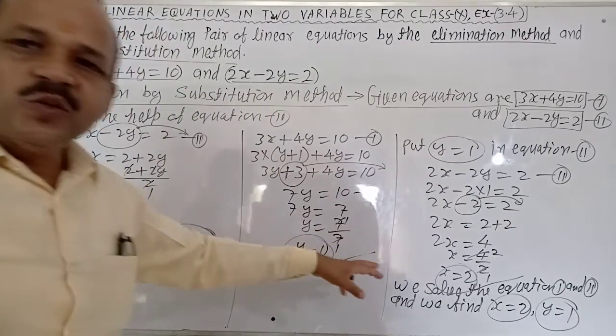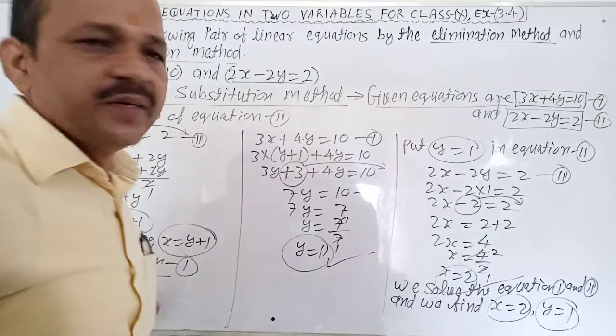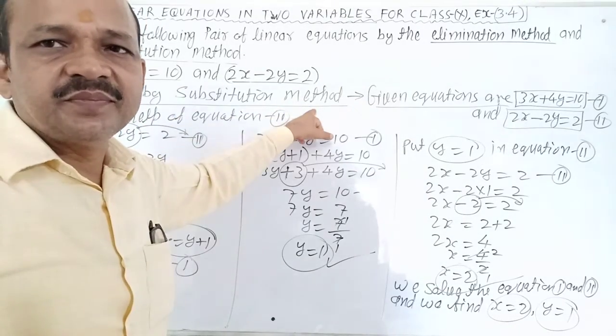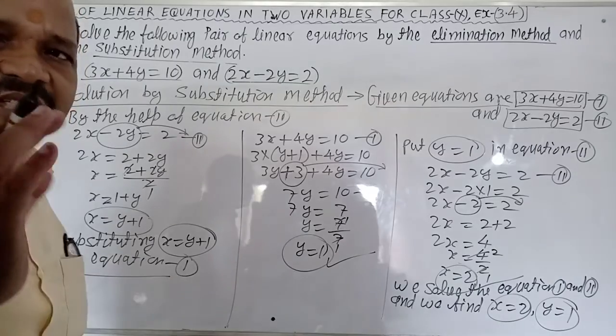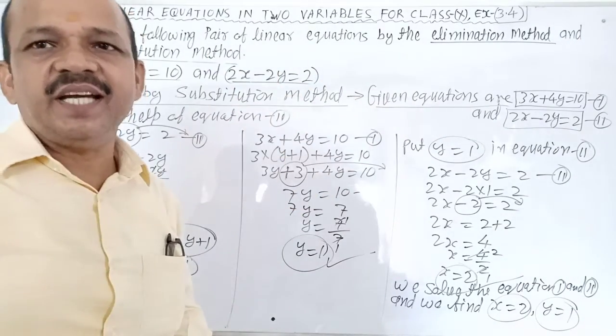It is clear? You solve your question very easily with the help of substitution method. Solution is clear? No confusion about it? Very good. In this way you can solve any question very easily.